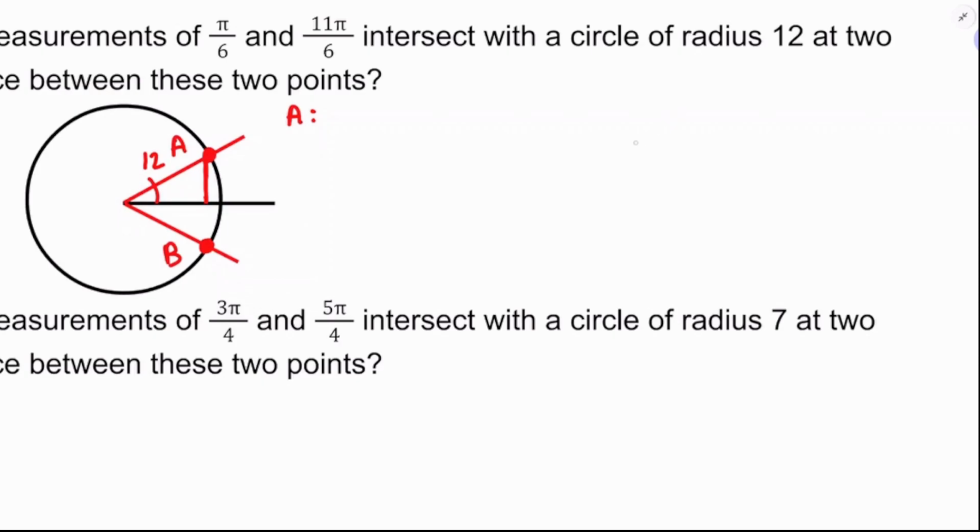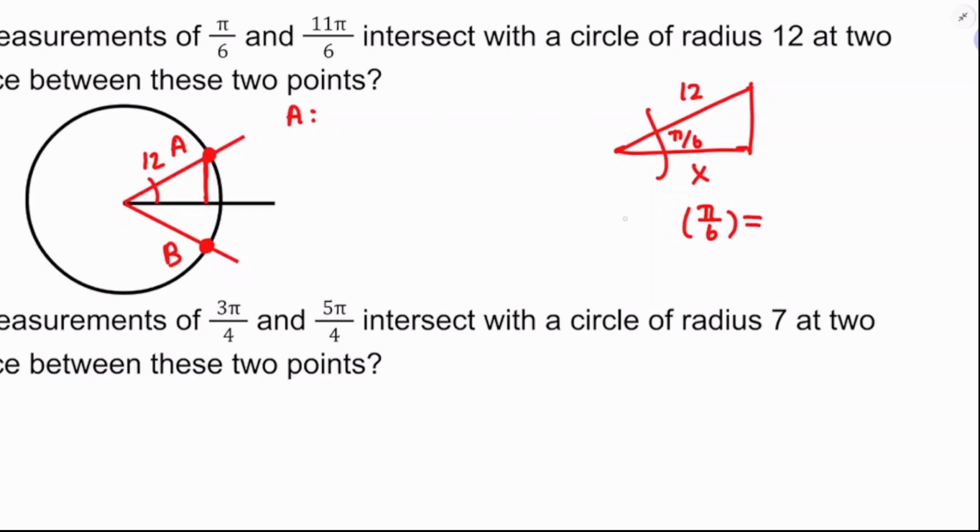So maybe I'll draw out the triangle over here. Okay, so this is pi over 6. Suppose I'm looking for the x-coordinate. Sine of pi over 6 equals, I don't want sine, I want cosine, pardon me.